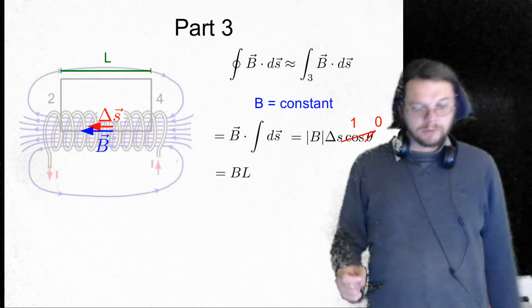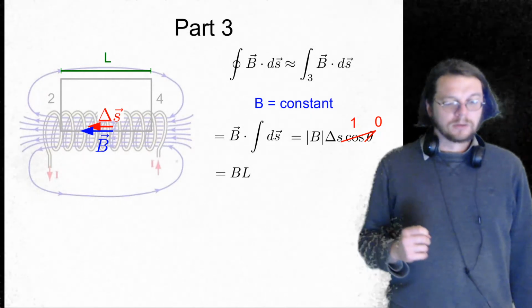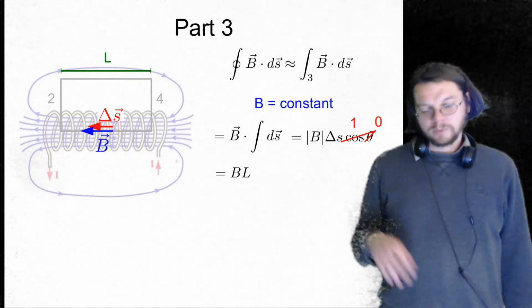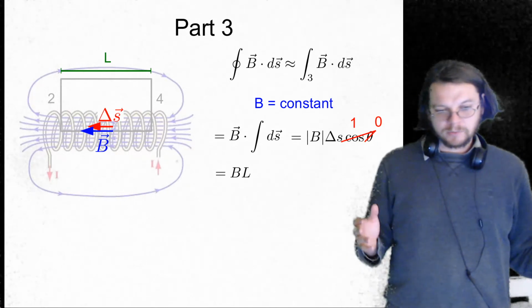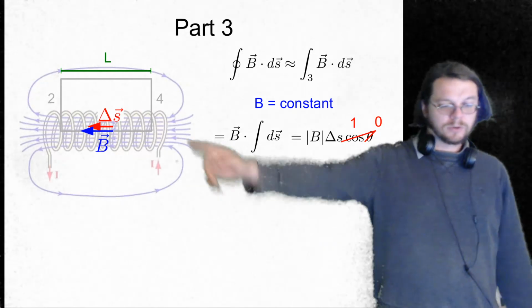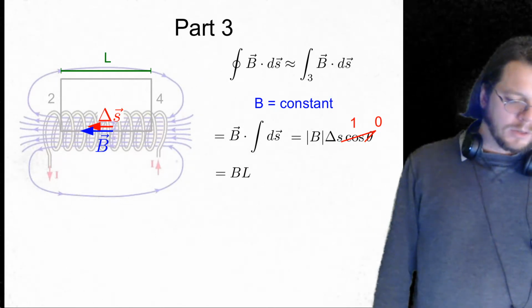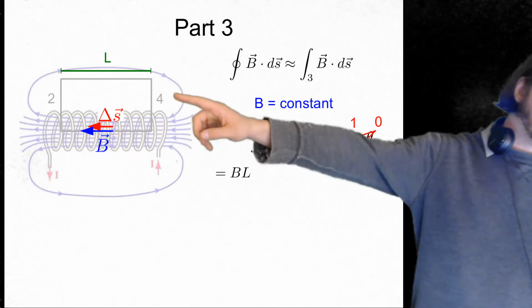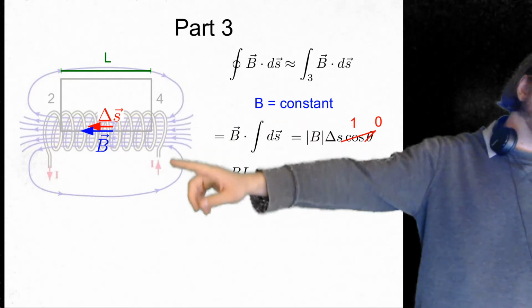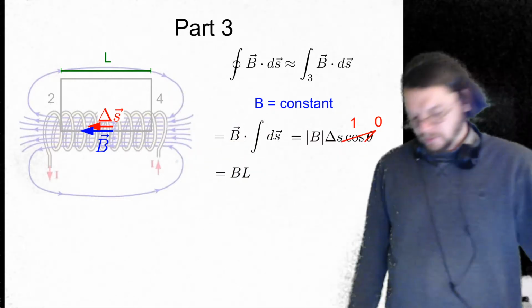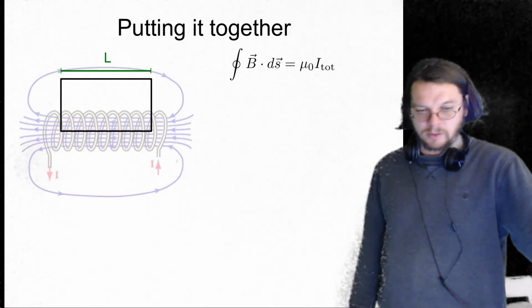Now, there's one more thing I have to note. There's one asterisk, which is that our Amperian loop does not have to be the full length of the solenoid. It can be shorter than that. So this is just the length of our Amperian loop. It's not necessarily the same length as our solenoid, which I'll talk about in a second.